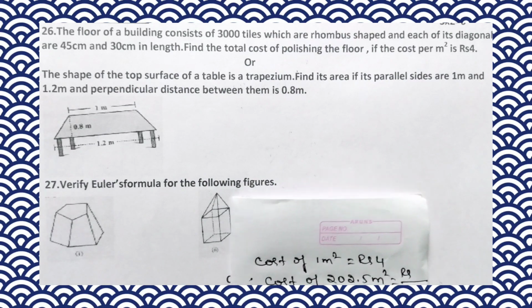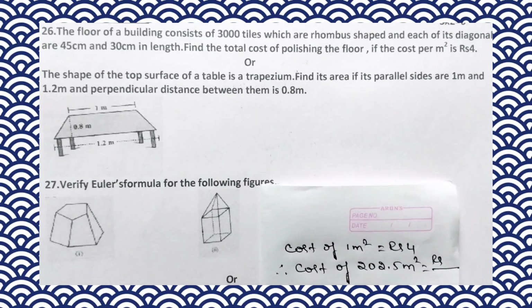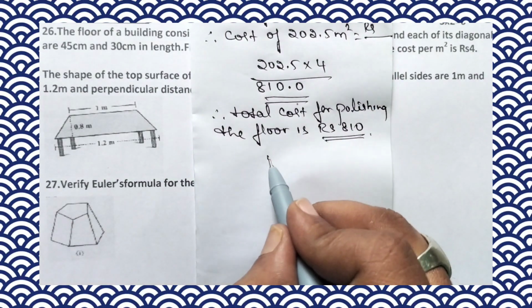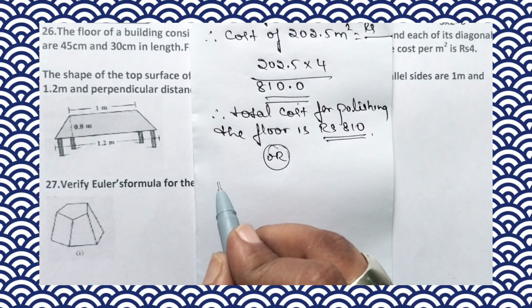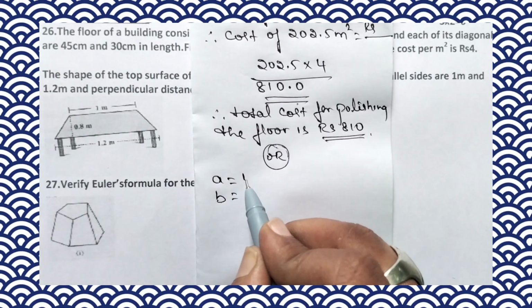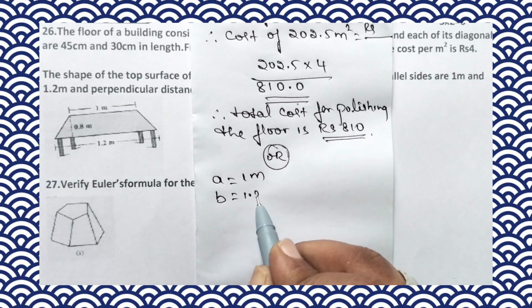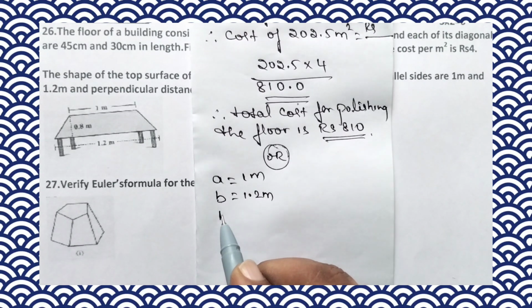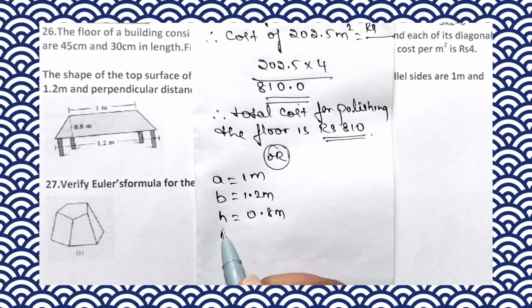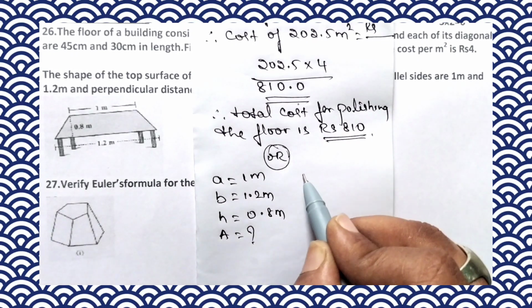What is the area of the trapezium? Let us make a list: the two parallel sides a and b are 1 meter and 1.2 meter. The perpendicular distance, that is the height, is equal to 0.8 meter. Then area is equal to question mark.